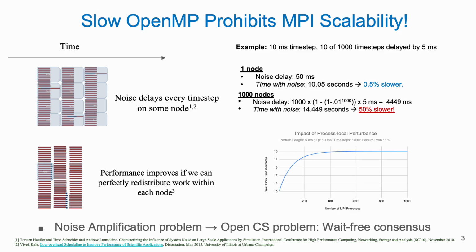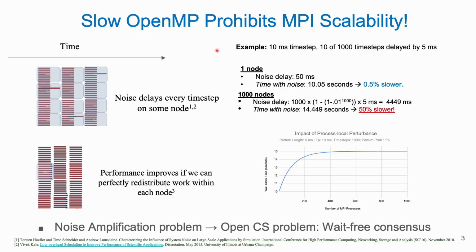Given the advent of GPUs and node-level heterogeneity on supercomputers, nodes have become fatter and more complex, which includes transient or probabilistic system perturbances. Now, if we look at the application timeline here on the top left, where light blue boxes indicate MPI processes, dark red rectangles indicate the core's computation within each MPI process, and the dark blue is its performance perturbance, or noise for short, and let's say that it's 5 milliseconds.